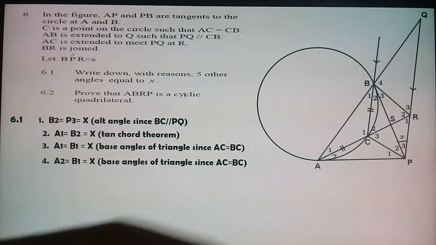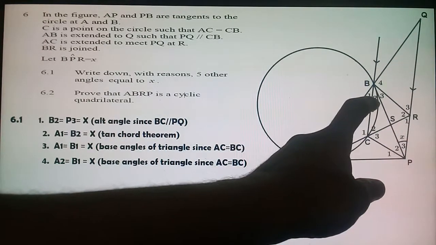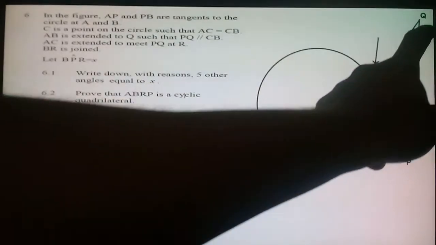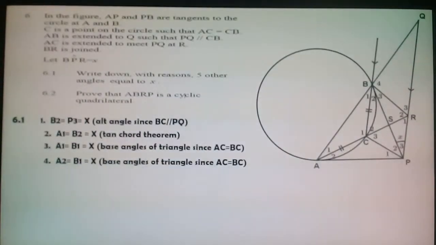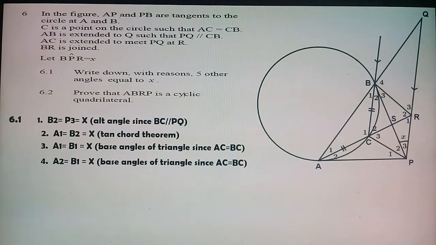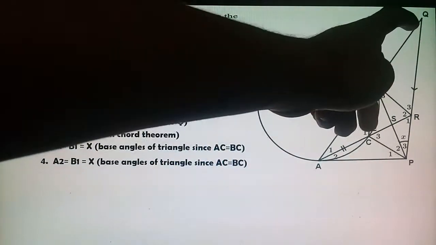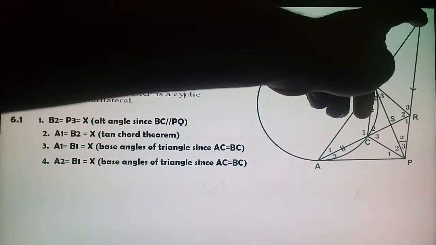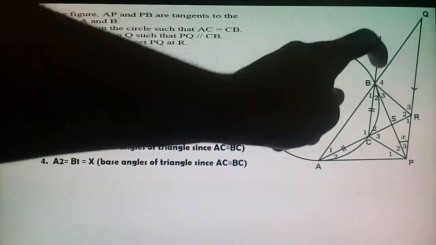You know that these are parallel lines, and you know how to conclude about B1 and Q. Q and that one are corresponding angles, since PQ is parallel to BC.